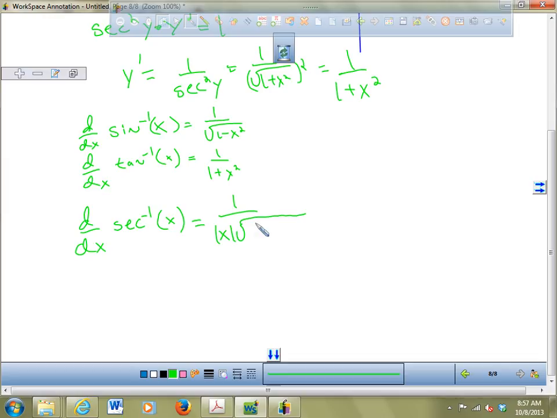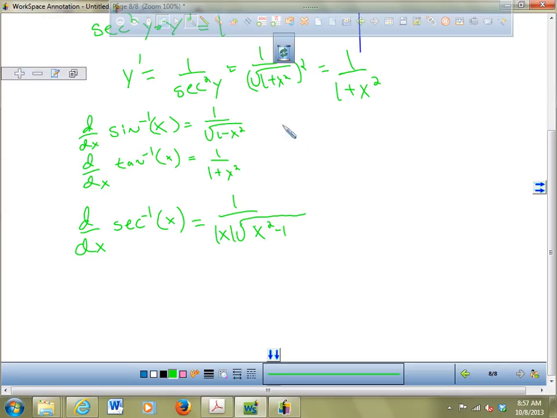Is it 1 minus x squared or x squared minus 1? I'm looking at my notes now. Is x, absolute value of x over x squared minus 1, like this, okay? And again, these can be derived relatively easily other than the absolute value sign, which is kind of tricky. You'll end up with 1 over x times the square root of x squared minus 1.